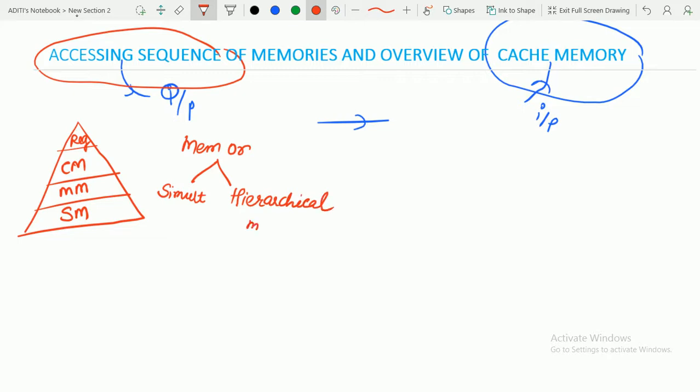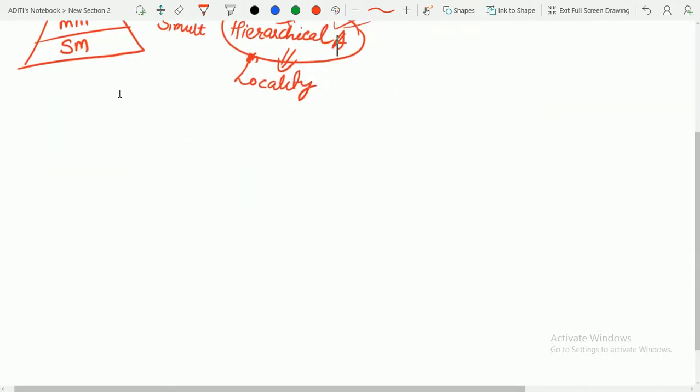In general, the computer system is made up of hierarchical access memory system only, because of the property of locality of reference. So what is actually the accessing sequence of memories? Let us study them in detail.